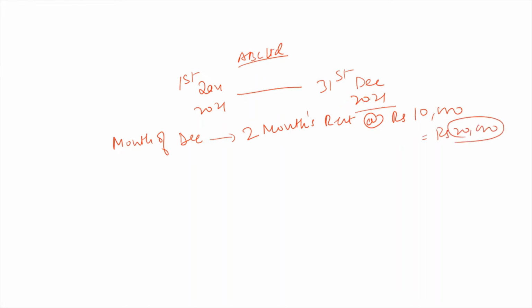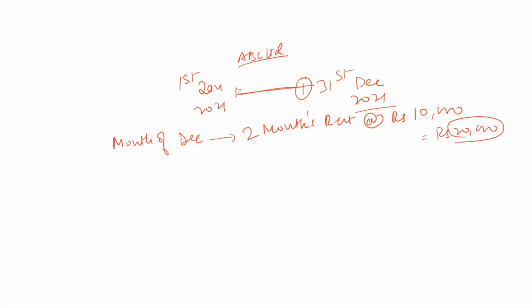right? But my accounting period is only from 1st January to 31st December. The rent which has actually been paid is 20,000 rupees. But which means I have used services till 31st December only for 1 month. The rent which I have paid is for 2 months, but services have been used only for 1 month.